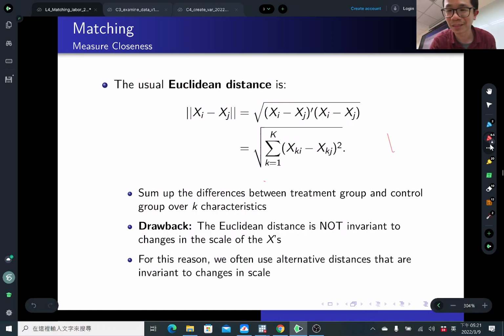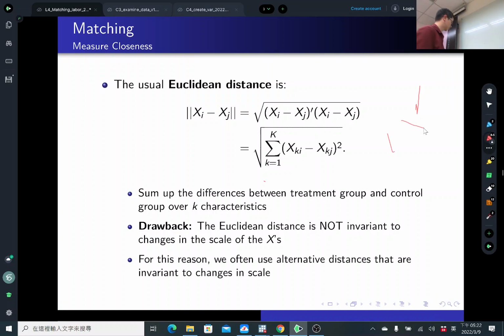So in the beginning example, k is equal to 1, right?